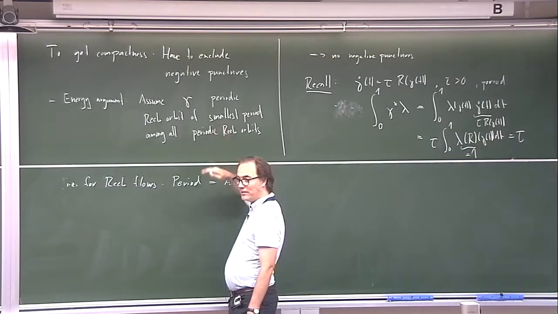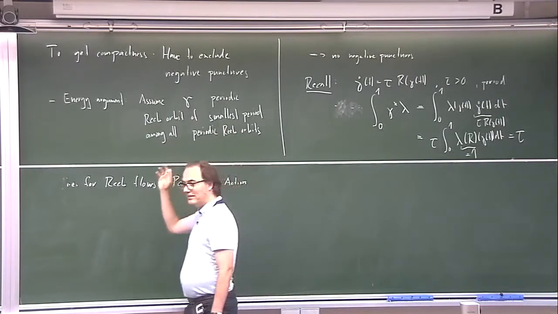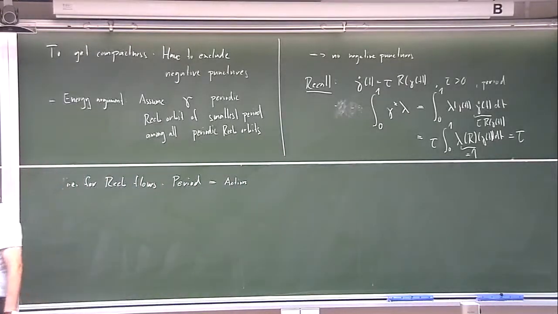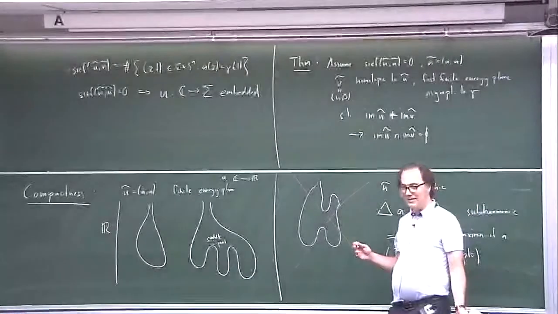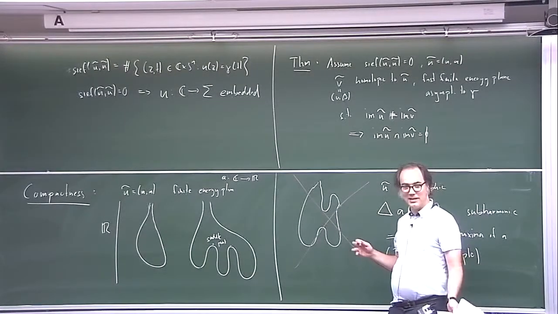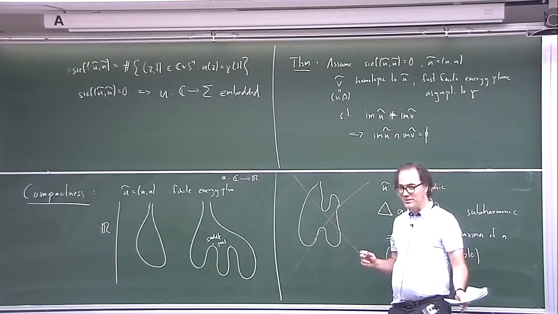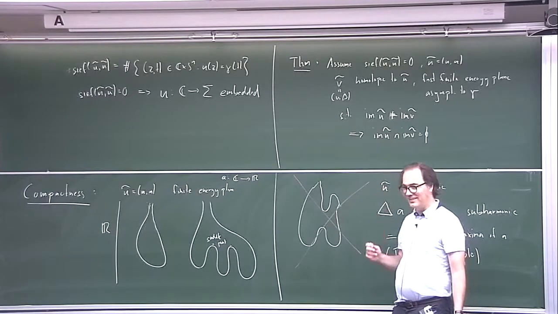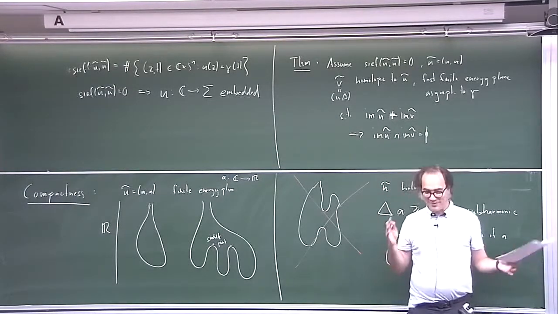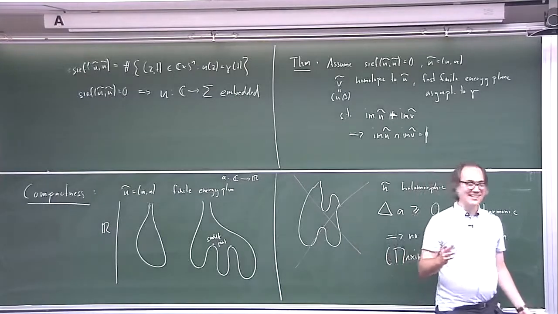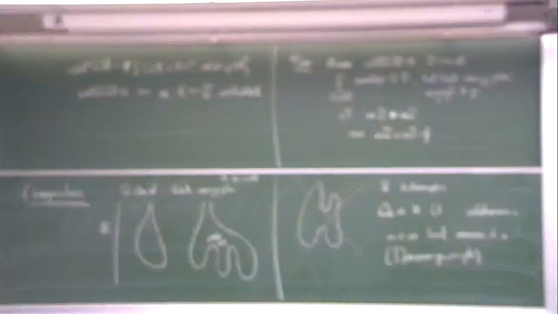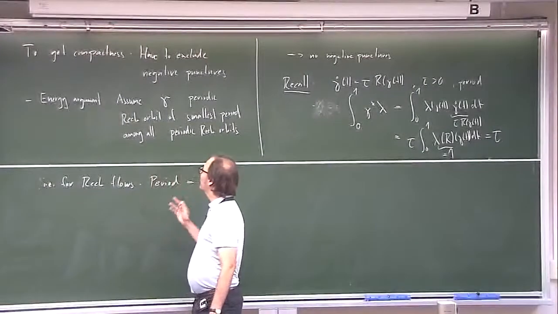Maybe you've heard this word. It's just a word, but there is some activity in symplectic geometry to find the systole. So if you hear this word, don't be too afraid. What it means is the periodic orbit of smallest period.